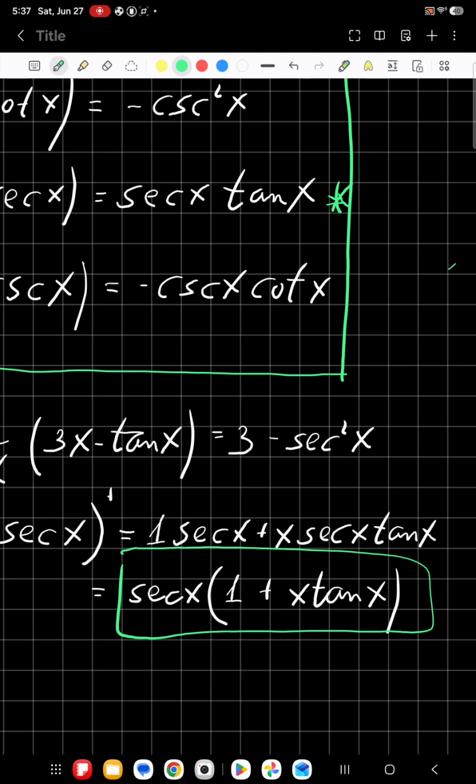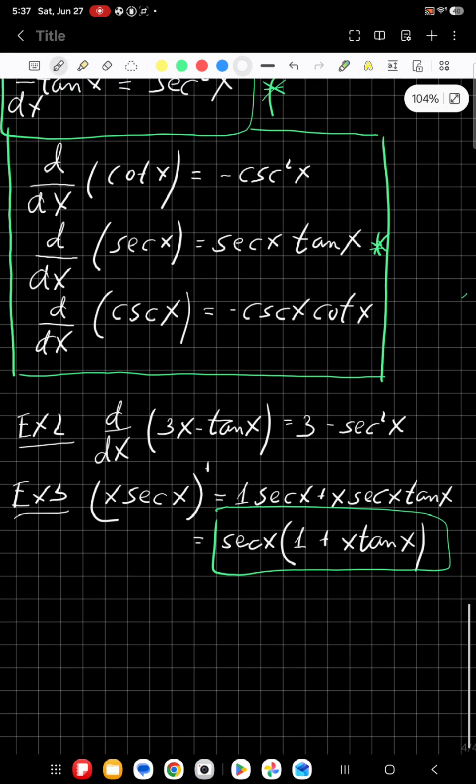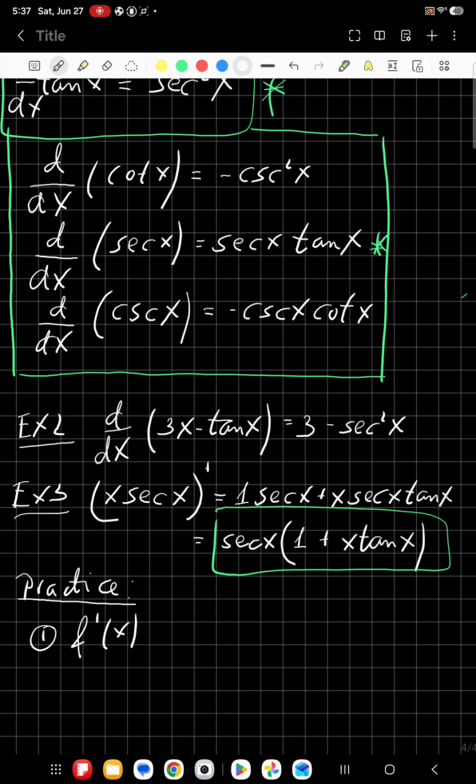And yeah, let me give you a couple problems to do. So for practice, calculate the derivative of, this is actually just a function, not a derivative, x squared tangent x.